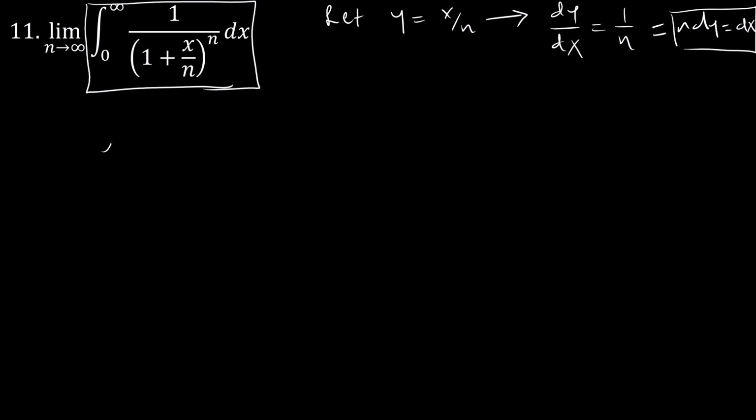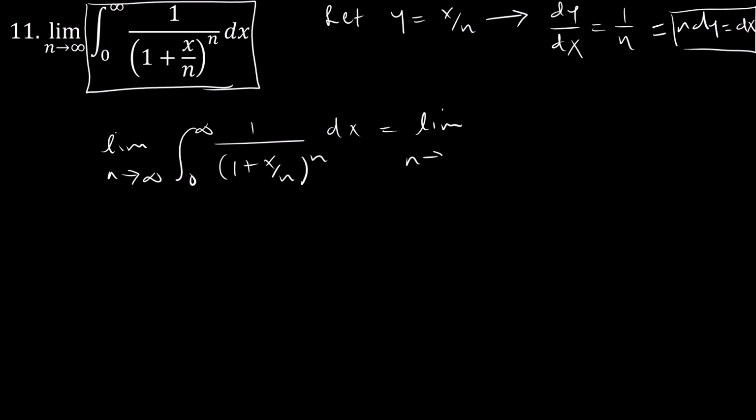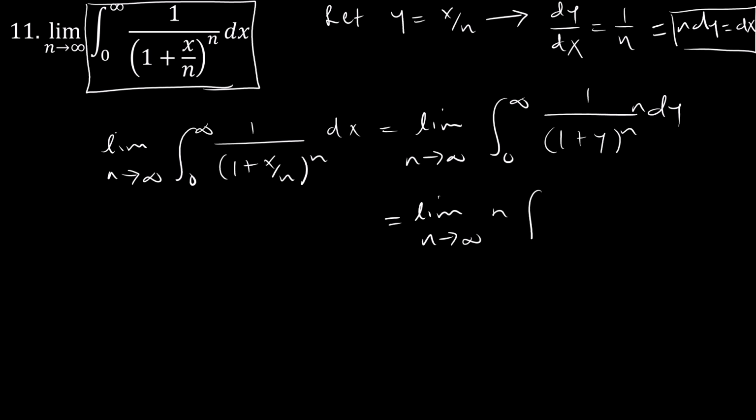So that our problem, the limit as n tends to infinity, would be equal to the limit as n tends to infinity of n times the integral from 0 to infinity of 1 over (1 plus y) to the n, something like that. And then we can pull the n out.